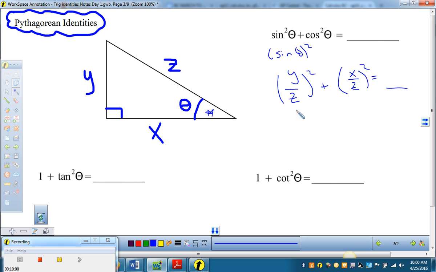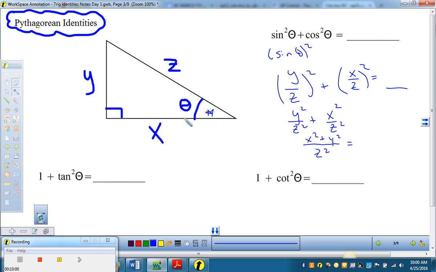Okay, well, let's go ahead and square this. This becomes y squared over z squared plus x squared over z squared. Very nice. So we can write this as one fraction with a z squared on the bottom and x squared plus y squared on top.